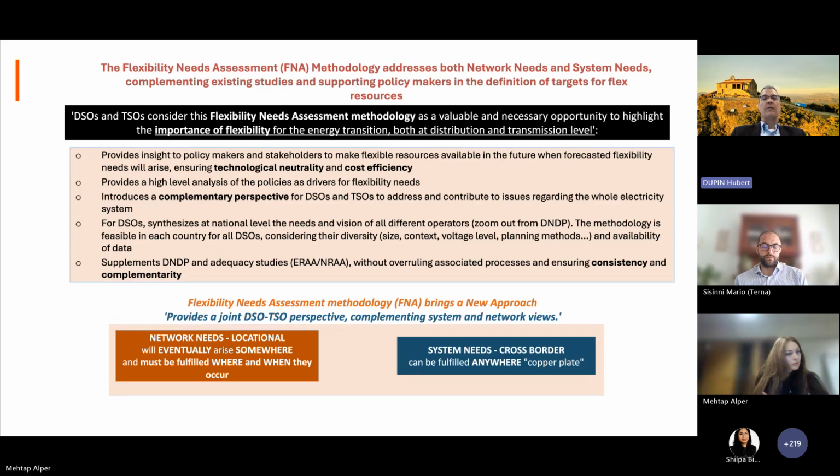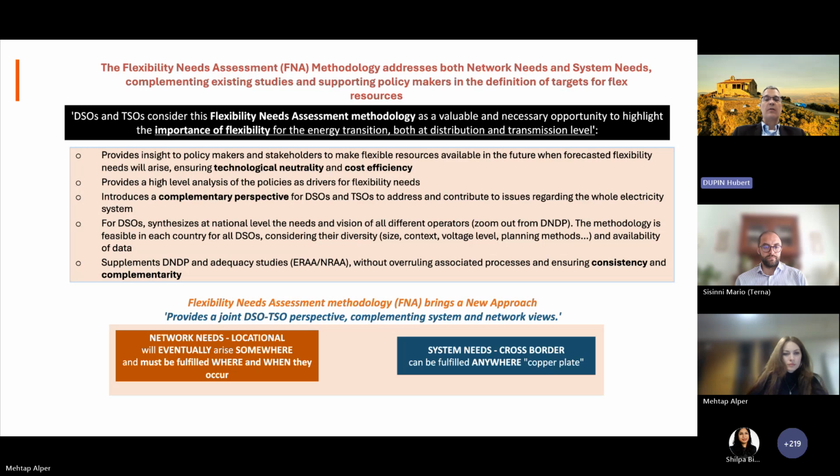DSOs also have different planning methods because indeed we plan the network that is meant to be put in operations. So there is a symbiosis between planning methods and operations, just to put that perspective in. And also we consider the availability of data in some countries. In some there are DNDPs, and in others other methods and other data and analysis. And this methodology should make the best use of available data.